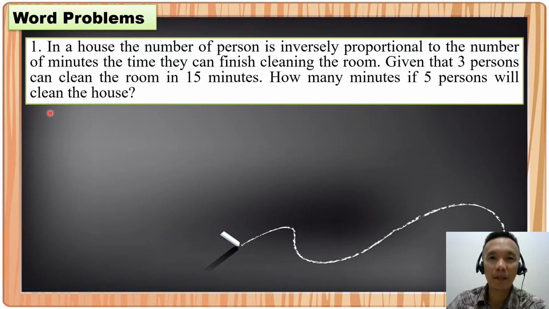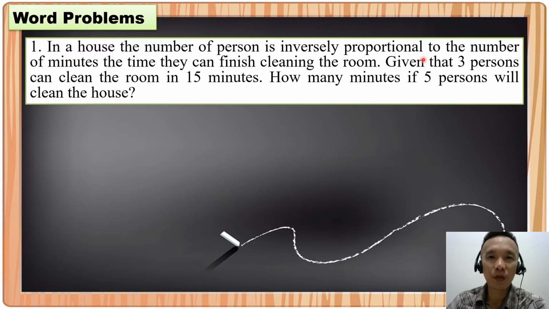So on this problem, first, we are going to identify the formula that we are going to use. Now, take note, there is the word inversely proportional. So, therefore, this is an inverse variation.